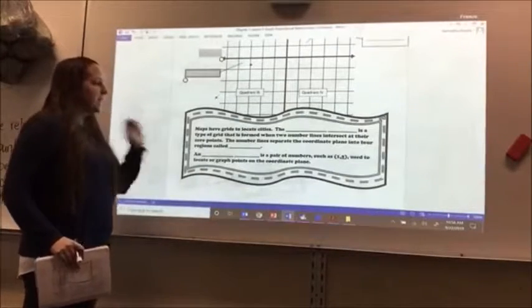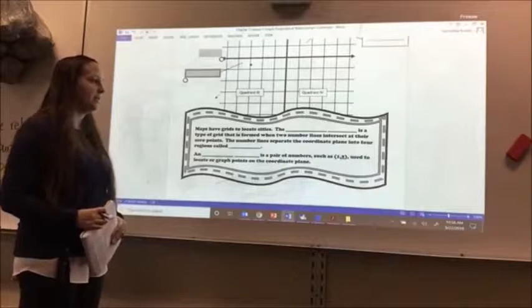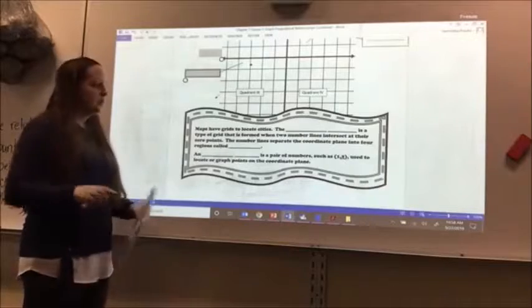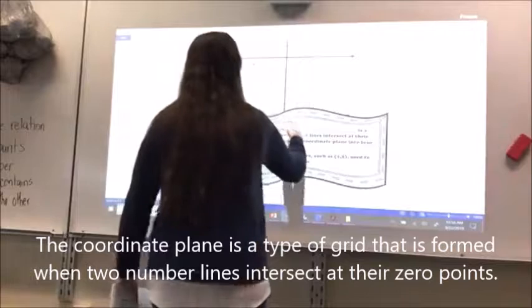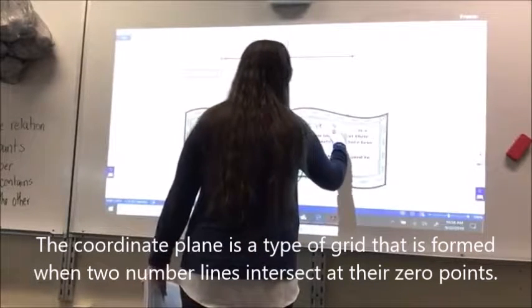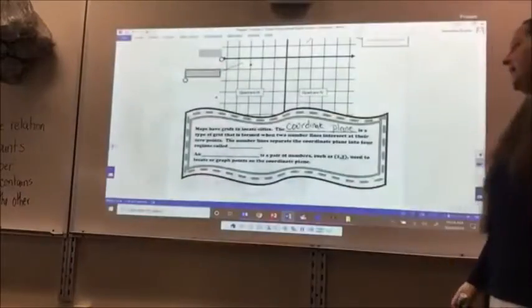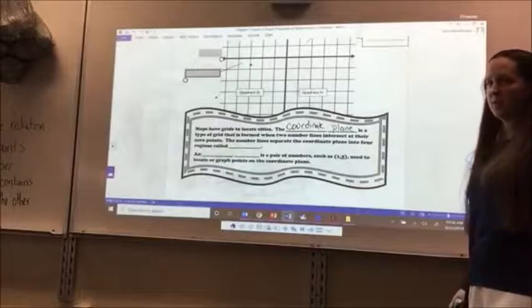All right, maps have grids to locate cities. The blank blank is a type of grid that is formed when 2 number lines intersect at their 0 points. So in those 2 blanks, you're going to write coordinate plane. The coordinate plane is a type of grid that is formed when 2 number lines intersect at their 0 points.